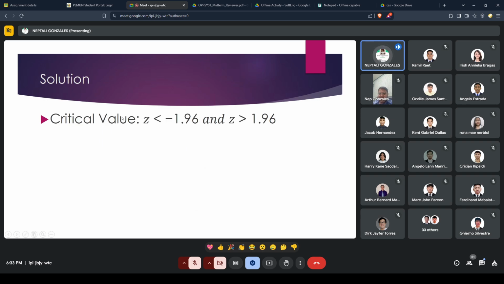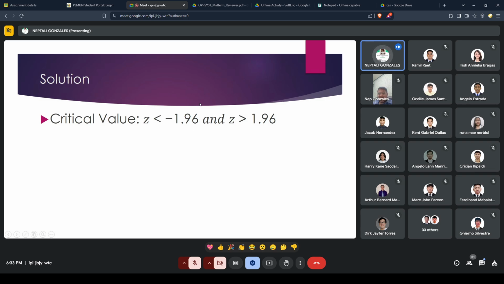Our critical value, since it is two-tailed, as earlier illustrated, is: reject if Z is less than negative 1.96 or Z is greater than 1.96. So these are the critical values.